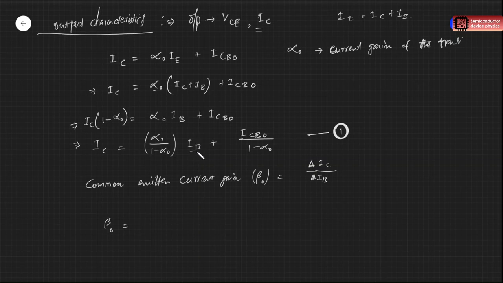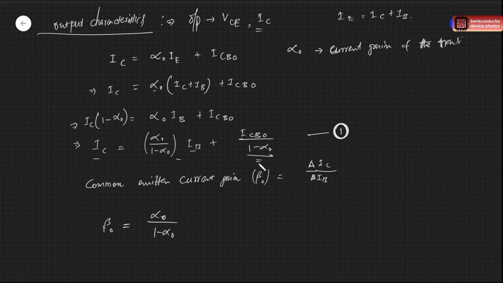and delta IB by delta IB will be 1, and this other factor is constant, right? ICBO is the reverse saturation current, and alpha 0 is the transistor current gain, which for a given condition is constant, right? So beta 0 will be just the derivative, delta IC by delta IB, so it will be only alpha naught by 1 minus alpha naught, right?